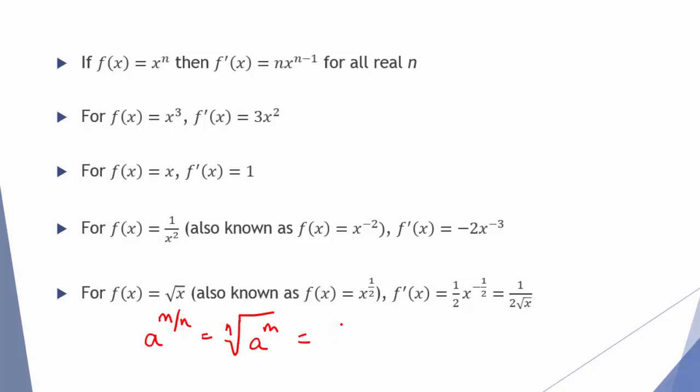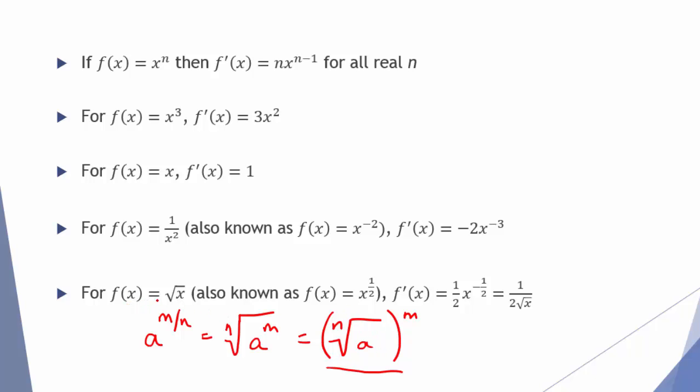It's also the same thing as the nth root of a with the m on the outside of the parentheses. These are interchangeable. Traditionally, we're probably going to use this one a little bit more. It saves us some simplification along the way. But this is the relationship between fractions and exponents and radicals.